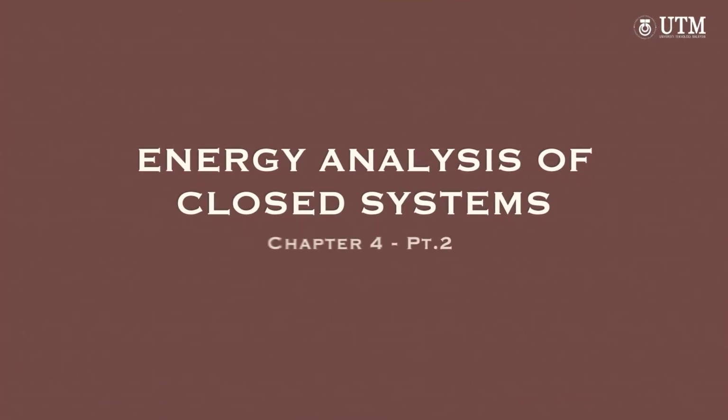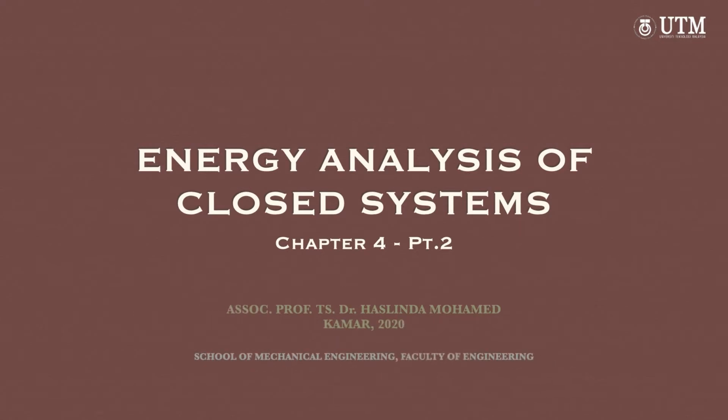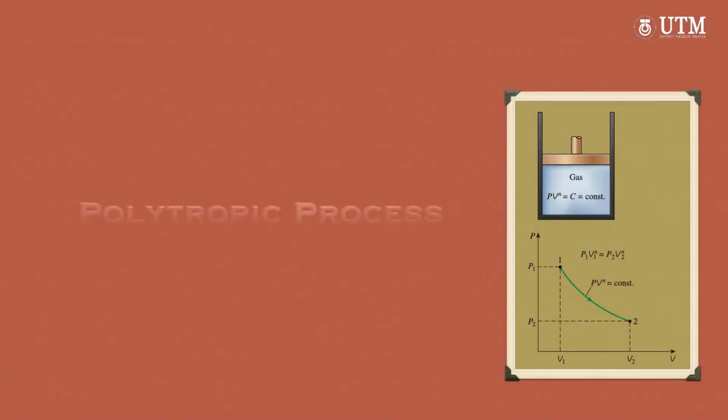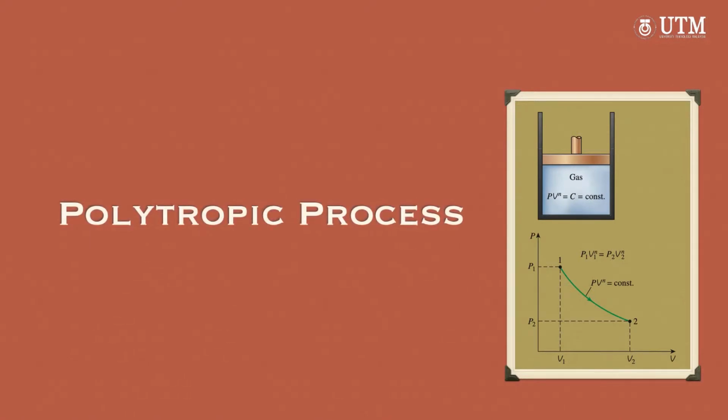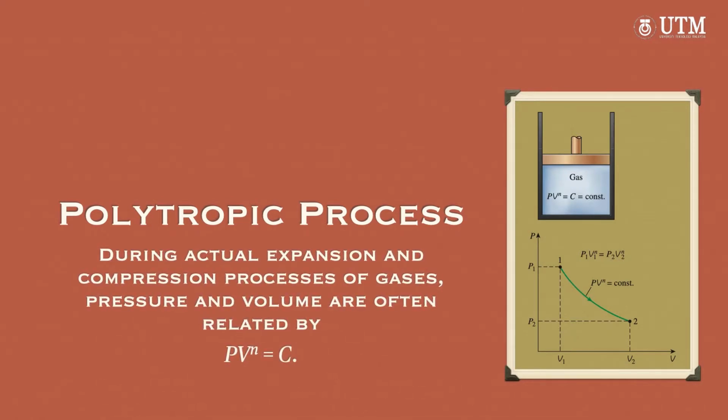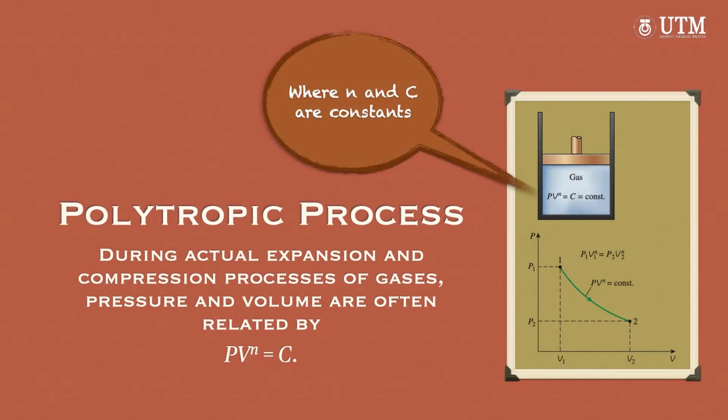In this presentation, I will resume explaining the moving boundary work topic, but focus on the polytropic process. During actual expansion and compression processes of gases, pressure and volume are often related by a relationship of PV^n = C, where n and C are constants.